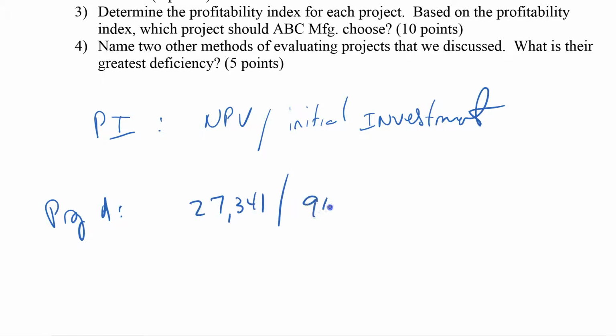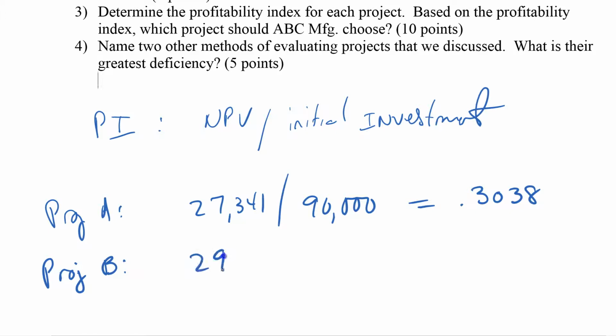The initial investment was $90,000, which gives us a profitability index of 0.3038. For project B, the net present value was $29,370. The initial investment was the cost of the machine and the working capital, so that's $85,000. And that gives us a profitability index of 0.3455.